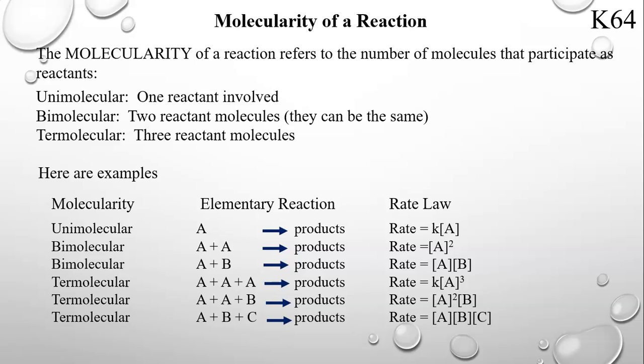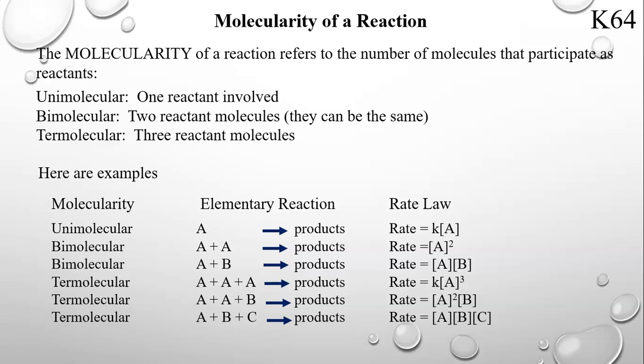In the first bimolecular one, where you have A plus A, you can raise that to the second power. When you have A plus B, then A is first power, B is first power. When you have A plus A plus A, then that's A to the third power.